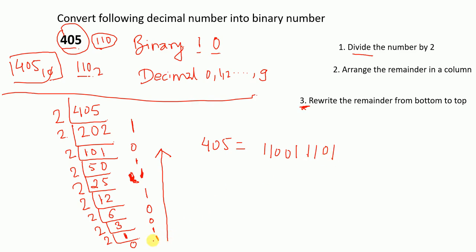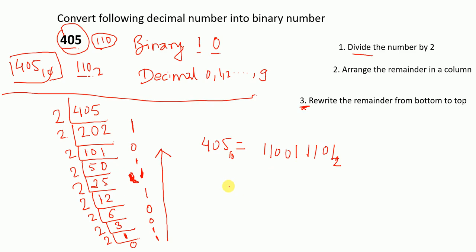You write 2 in the base because it's a binary number. For a decimal number, we can also write 10 in the base, but it's not needed. For the binary number, you can always write 2 in the base. So when we convert this 405 decimal number into a binary number, this is our answer.